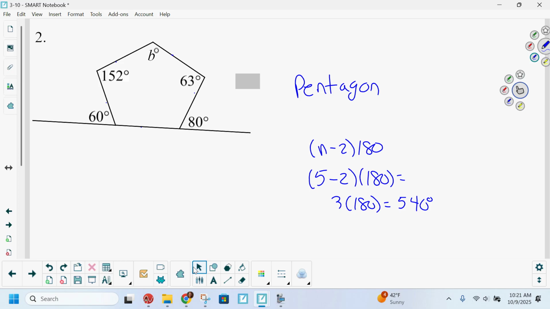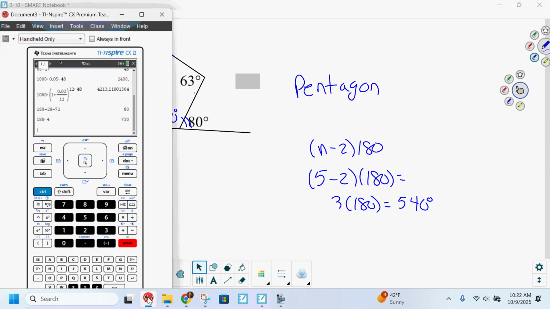All right, let's see what I have here. Well, I have the 152 and the 63. What is this angle here? It's supplementary to 60. So this is 120. This angle is 80. This must be 100. So I'm going to take all those angles and add them up.